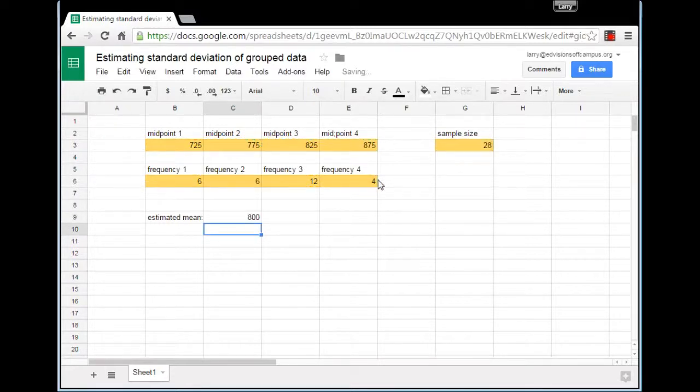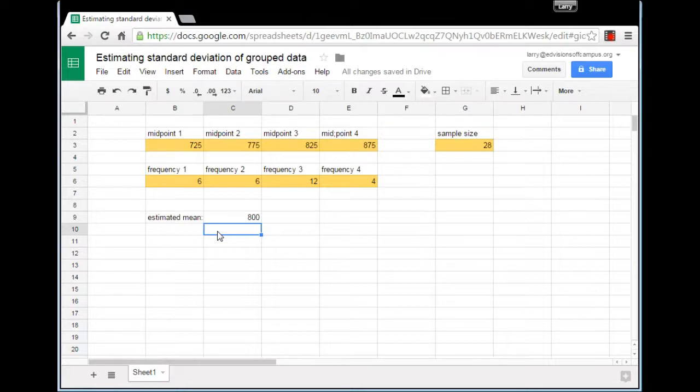The reason I'm not just typing these numbers into the formula is because maybe I can use this spreadsheet again by just replacing what's in the yellow boxes, as long as it's a problem that has 4 ranges like this again. So we've got our estimated mean. It's 800.